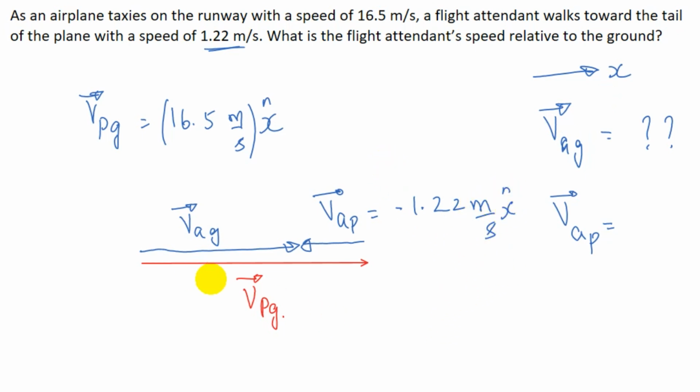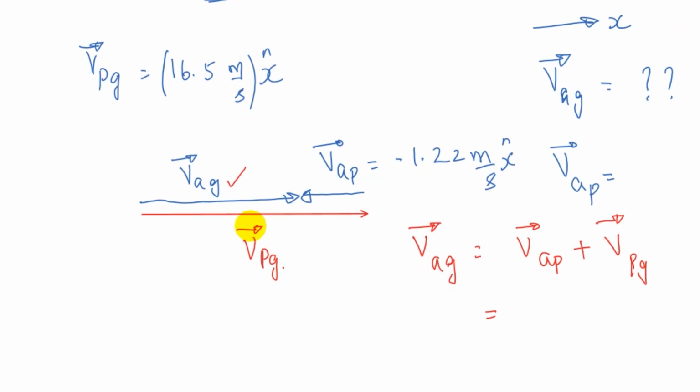Now this question is pretty simple. We can easily calculate VAG from here. Simply we can write that VAG would be equals to VAP plus VPG. It is equals to minus 1.22 meter per second x cap plus 16.5 meter per second x cap.